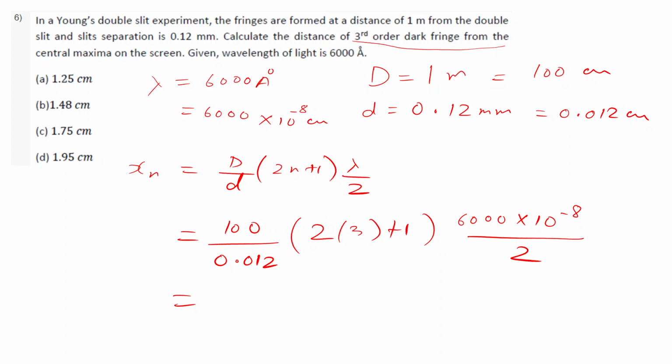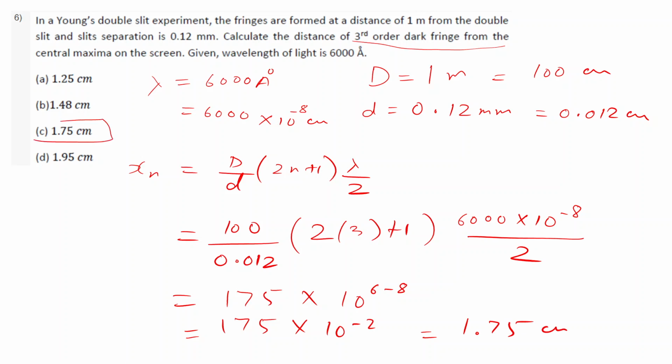Okay. So when I calculate all this, it will be 100 divided by 0.012, multiplied by 7 divided by 2, multiplied by 6000, which is 175 multiplied by 10 to the power 6 minus 8, which is 175 times 10 to the power minus 2, that means 1.75 centimeter.